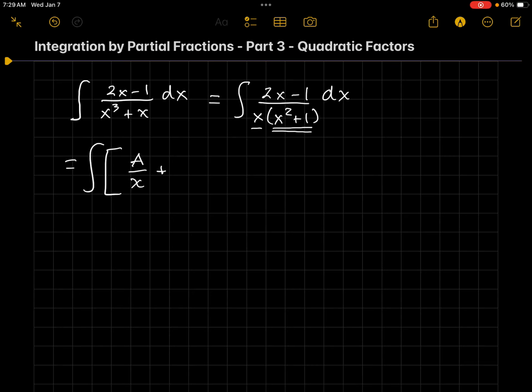That is, I have a 1 degree term less than my linear term, which means that my quadratic factor, having a 1 degree term less than the quadratic, must be linear on top. So that is how we handle partial fraction decomposition when we have a quadratic factor.